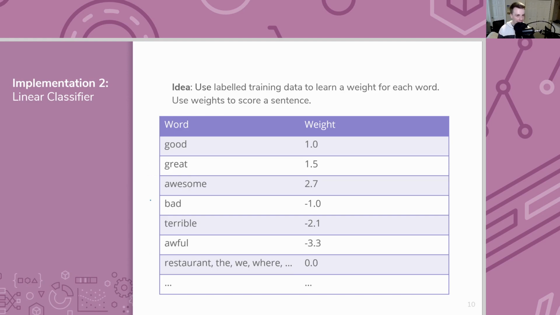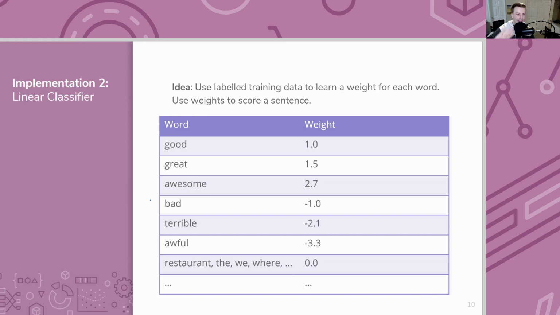We'll need a human to tell us whether something was positive or negative. And then we'll gather lots and lots of data of example sentences and example labels, and then somehow learn a model from that labeled data that tells us for each word, is it more likely to be a positive sentence or more likely to be a negative sentence?